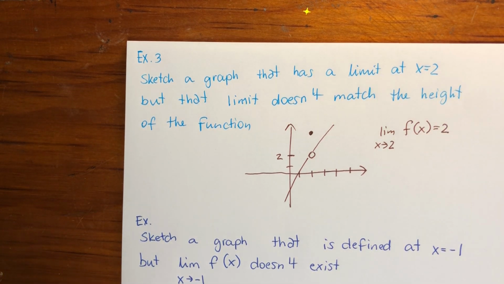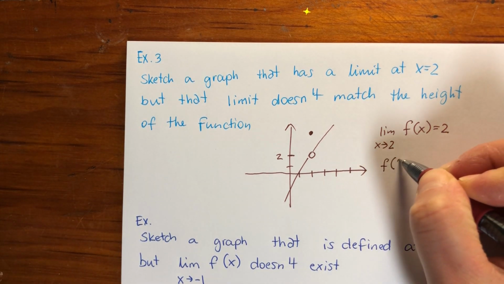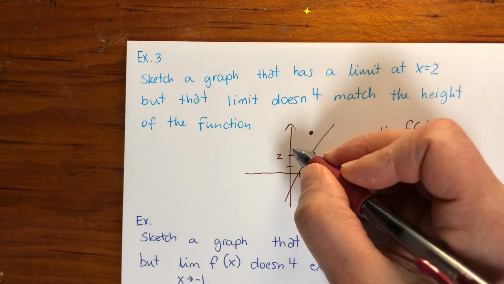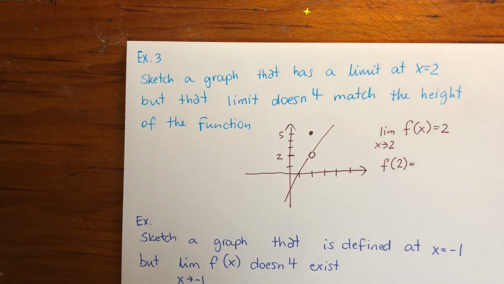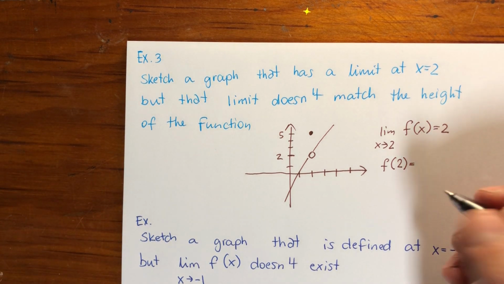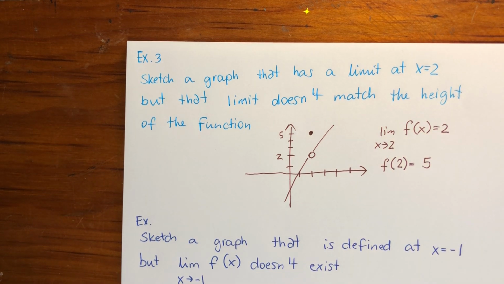And then the value is equal to 5 based on my example. I should probably put the 2 in here.